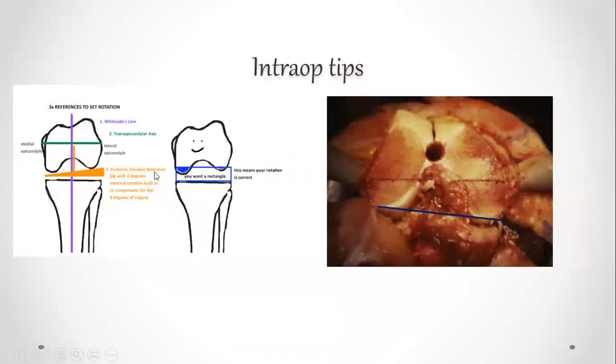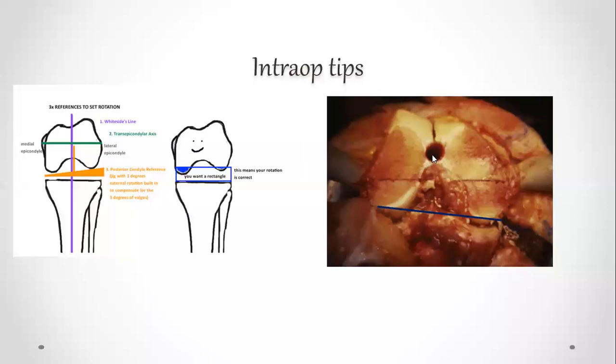So there are intraoperative tips. You can see intraoperatively this is the external rotation from the posterior condylar reference. And this is the white side line and trans-epicondylar axis. You can see now the posterior condyle here. The posterior condyle on the medial is more cut than the lateral in order to make this an external rotation.